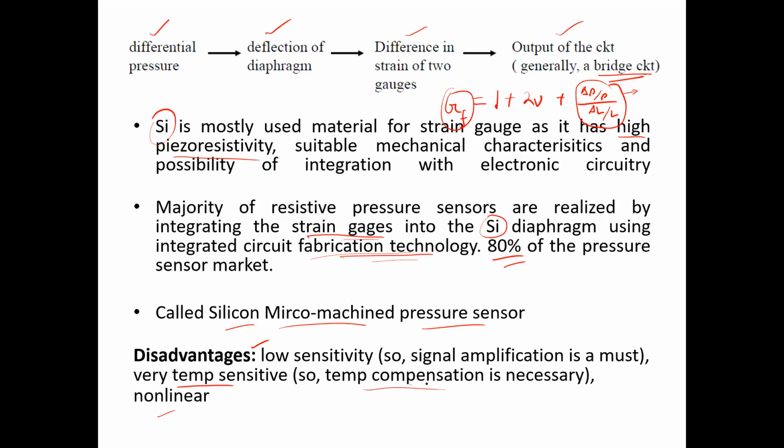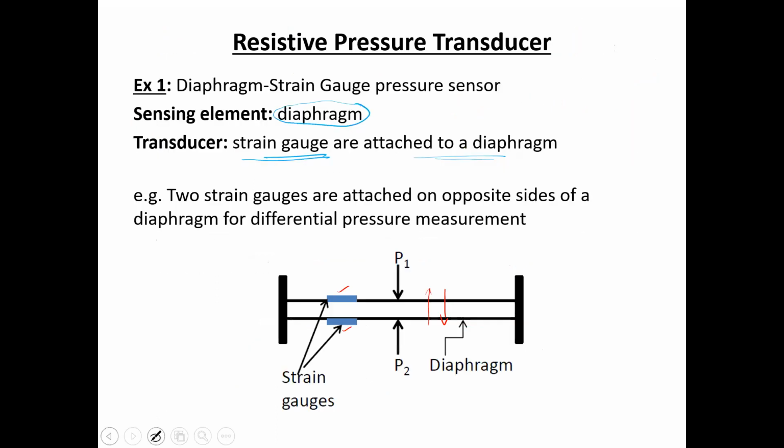Now, about temperature compensation. This sort of arrangement is itself useful to compensate the temperature variation to some extent. If two strain gauges with identical design and materials are used instead of one, they are useful to minimize the effect of temperature variation.